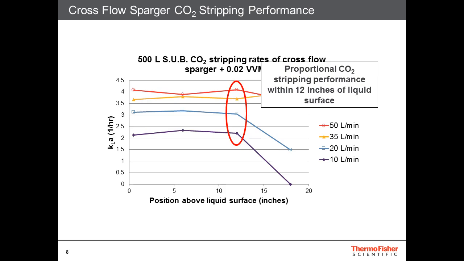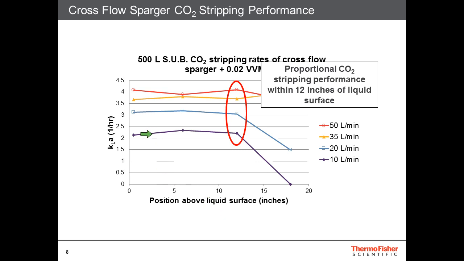Now, one important aspect that I was talking to you about is that if you just use the overlay from the top, it is not enough to flush out; it should be at an optimum height from the surface of the liquid to flush out the gases. As you can see from this graph, we have looked at the KLAs of carbon dioxide stripping against the position of the cross-flow sparger from the surface.